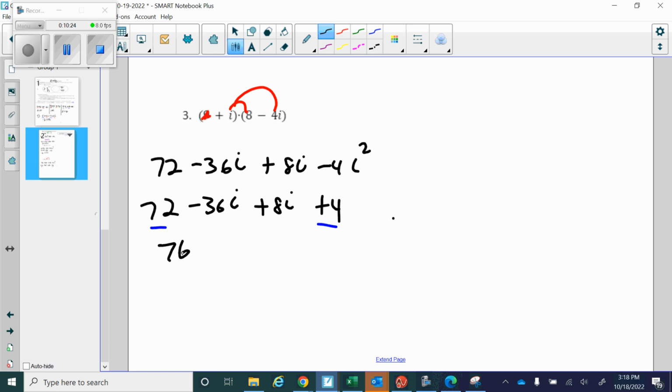And then we have negative 36i and 8i. So I'm going to subtract and get the sign of the bigger number. 8 from 36 is 28, and the sign is negative, so that's negative 28i.